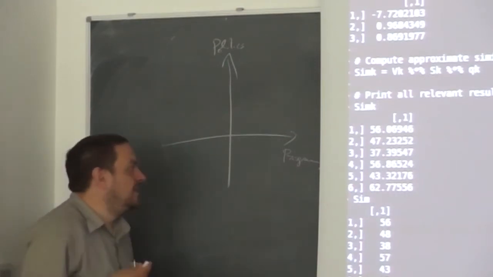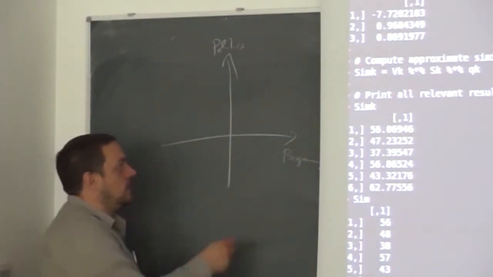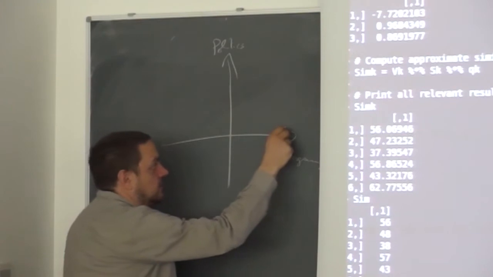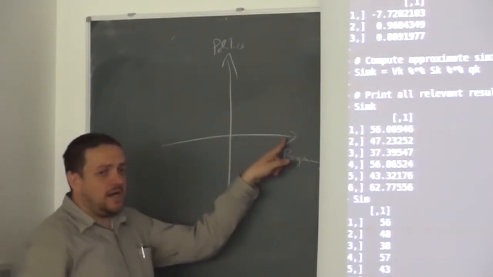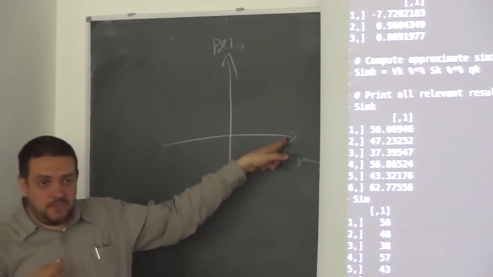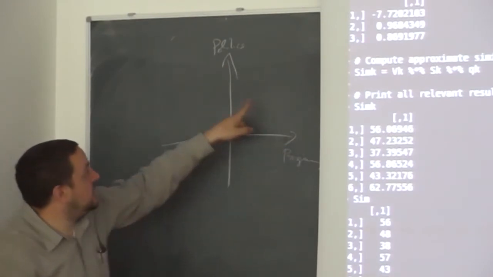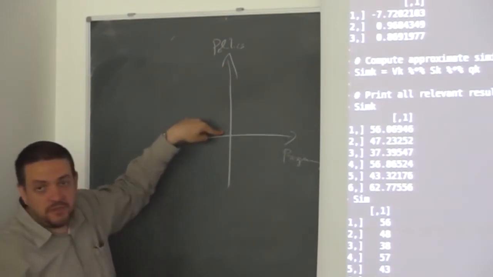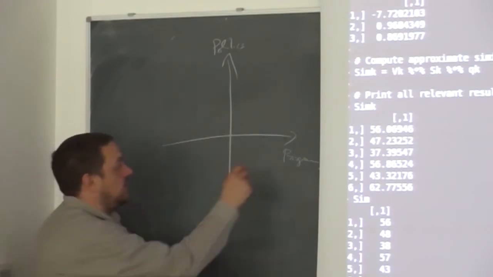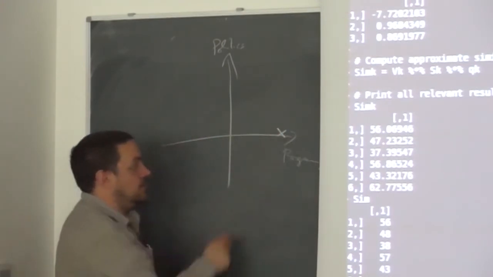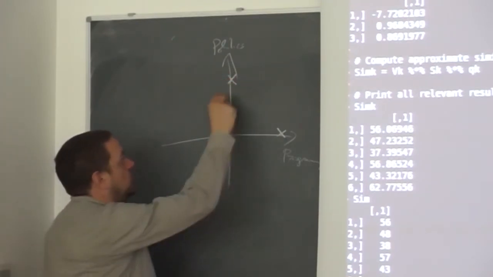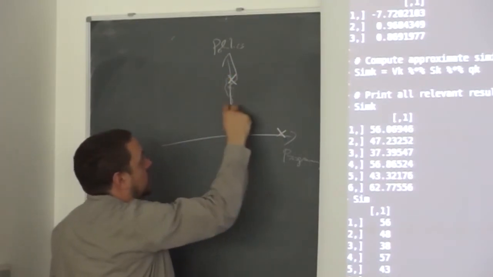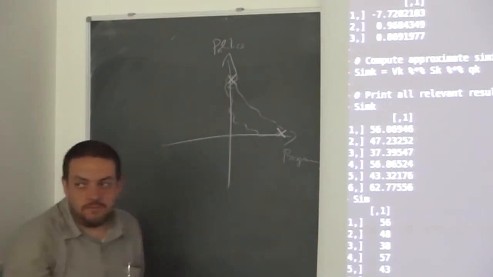Of course, if some document is high in the topic of programming, it will be probably low in the topic of politics. So either the document is about programming or it's about politics. So we expect our clouds to be sort of like this.